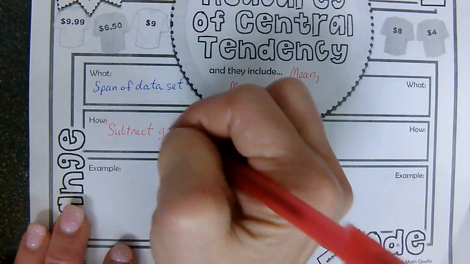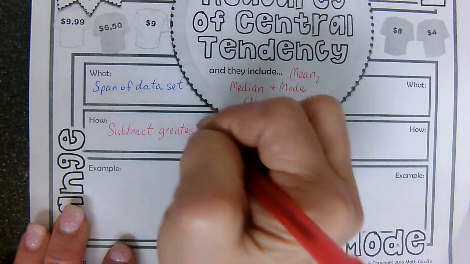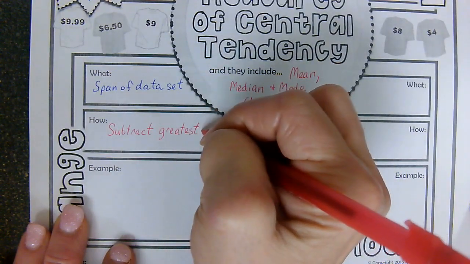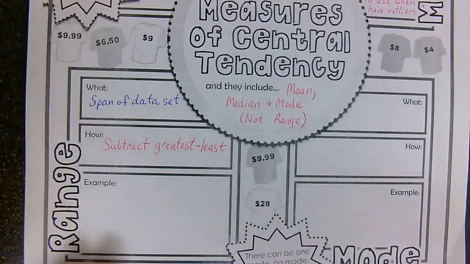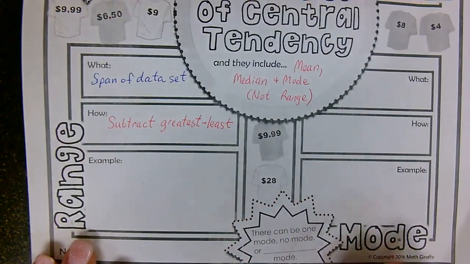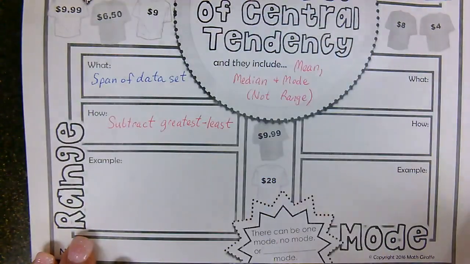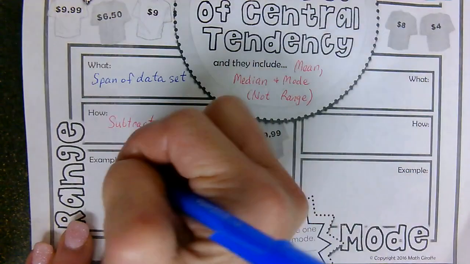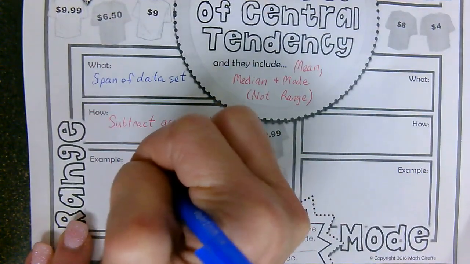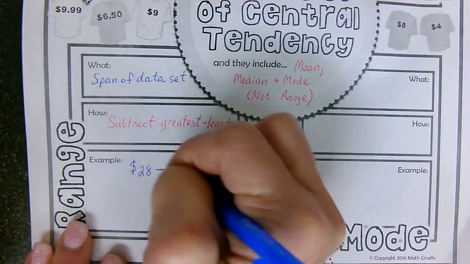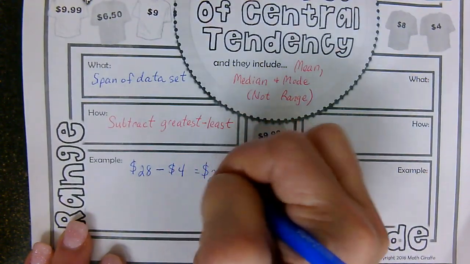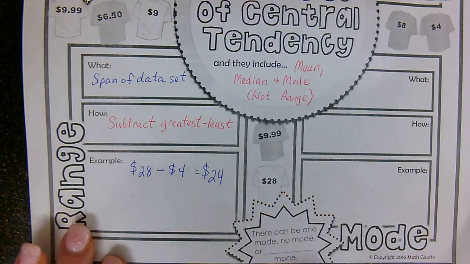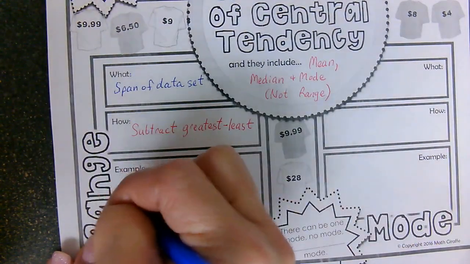Greatest number minus least. Okay? Let's look at some examples of that. If you go back and look at the t-shirts and all over this page, the largest cost of a t-shirt was $28. We're going to subtract the cheapest one, which was $4, and you get a range of $24.